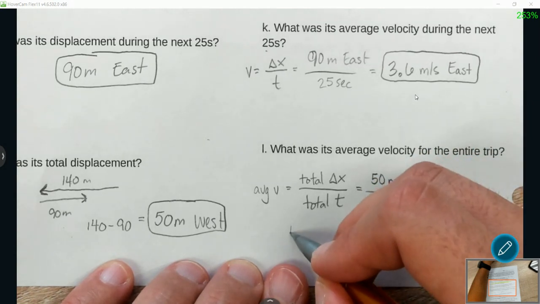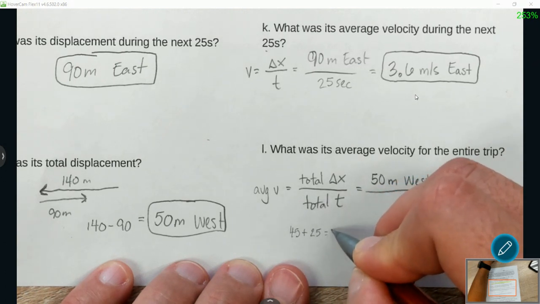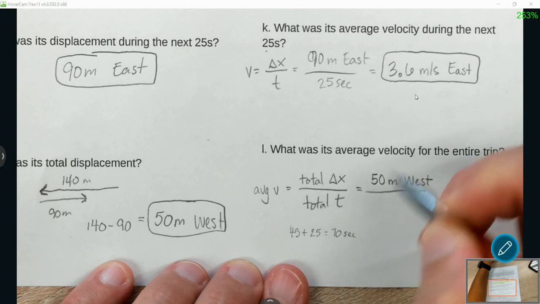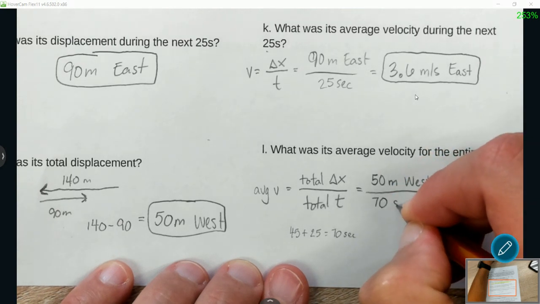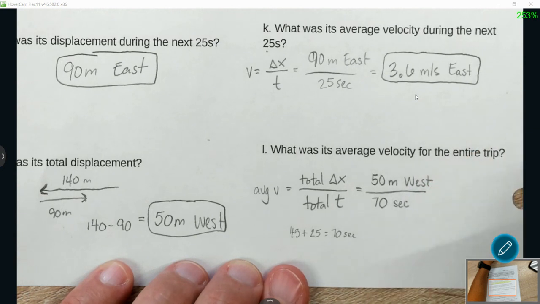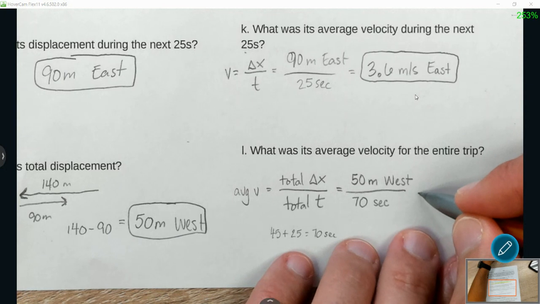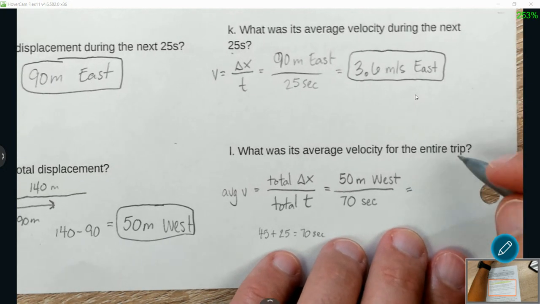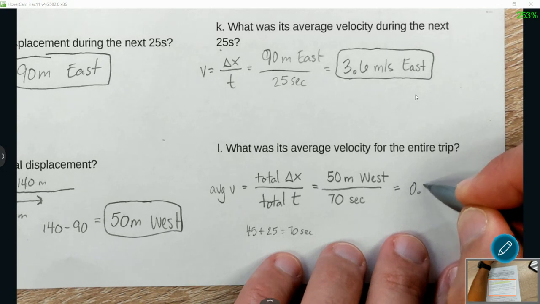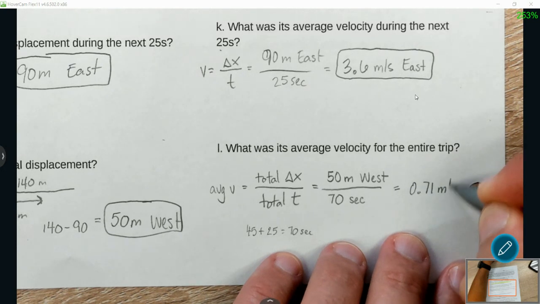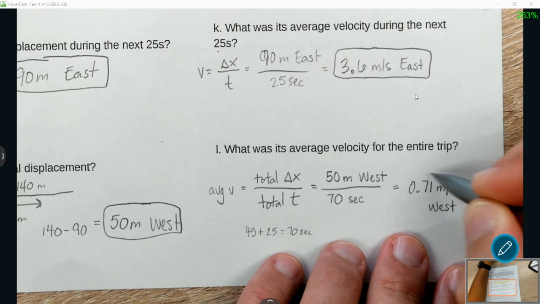Well, we moved for 45 and 25, so that again comes out to be 70 seconds. So we should have 70 seconds on the bottom. And when we divide this out, we round it to 2 decimals, it should come out to be 0.71 meters per second west.